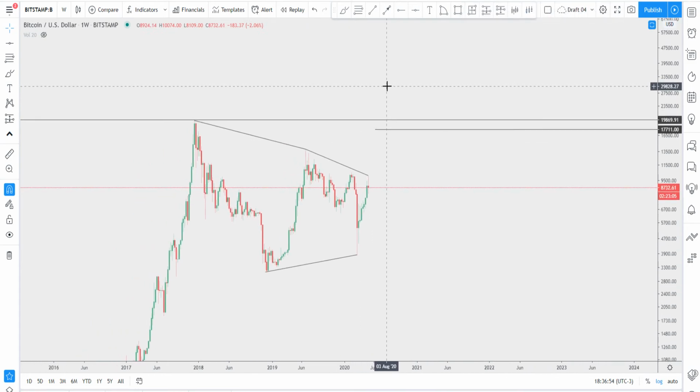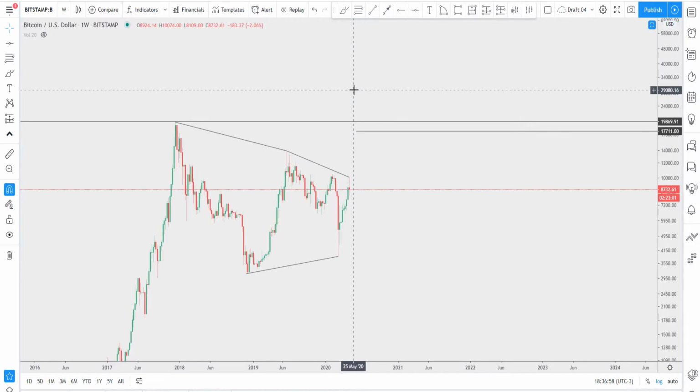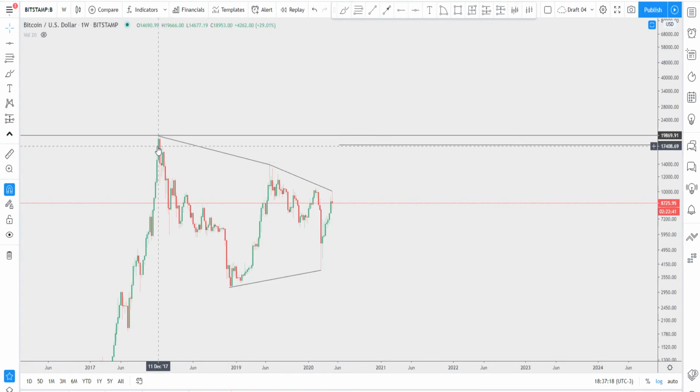What we know is that we were rejected from 17,711. So have this in mind, this is the main resistance level, 17,711.